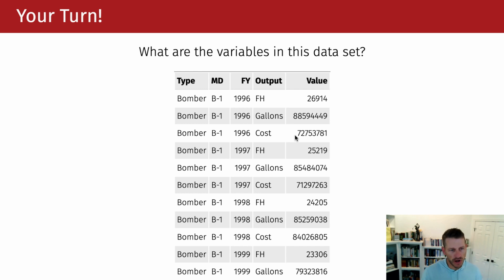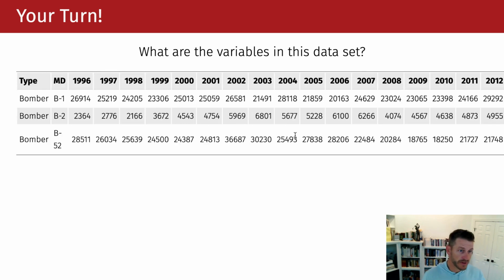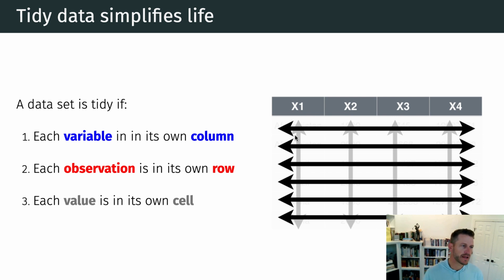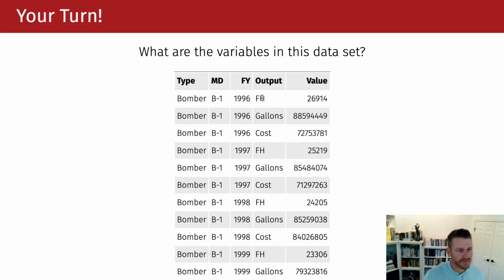So both of these problems have to do with the fact that we have the information we need. We just need to reshape our data frame in a way that we can use that information as appropriate variables, right? And this is what the idea of tidy data gets at. A data set is considered tidy if each variable is in its own column, right? So in this case, we'd have flying hours, gallons, and costs.